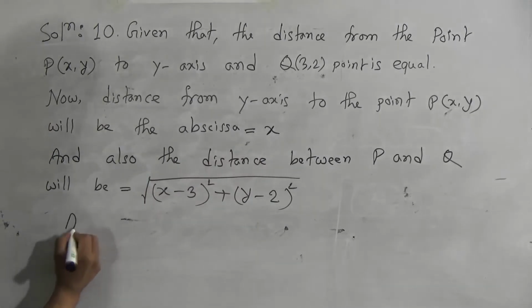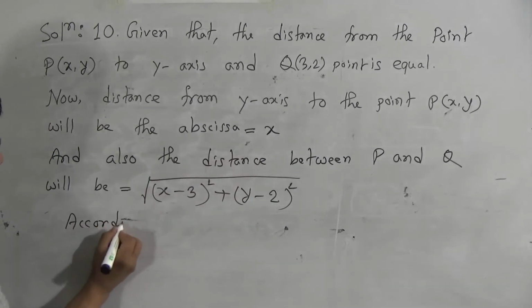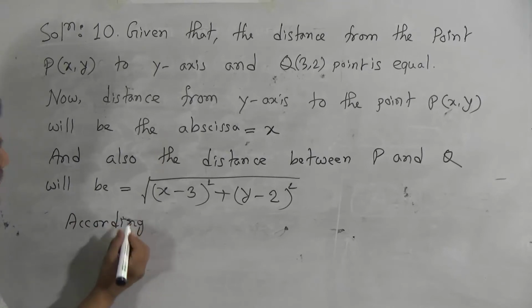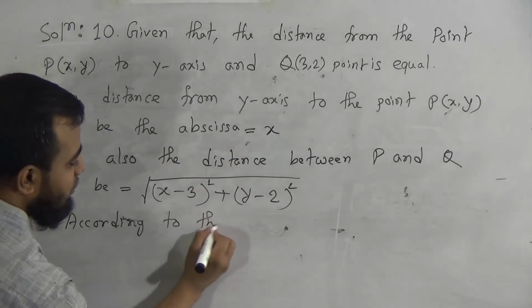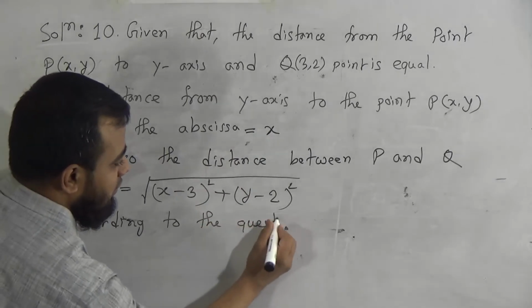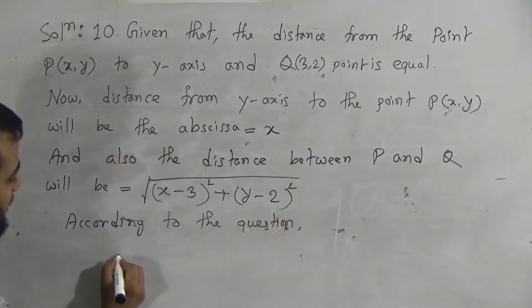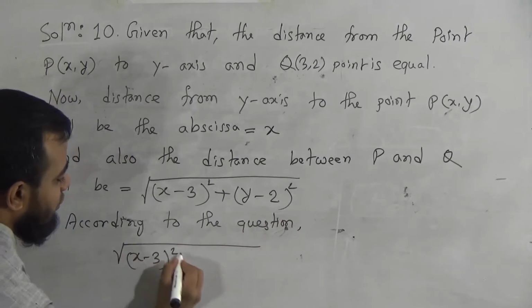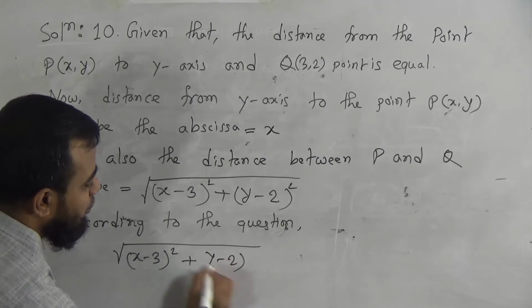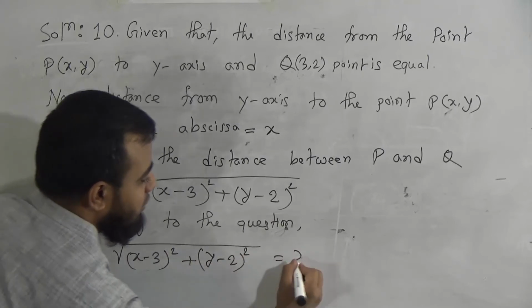According to the question, these two are equal. According to the question, square root of x minus 3 whole square plus y minus 2 whole square is equal to x.